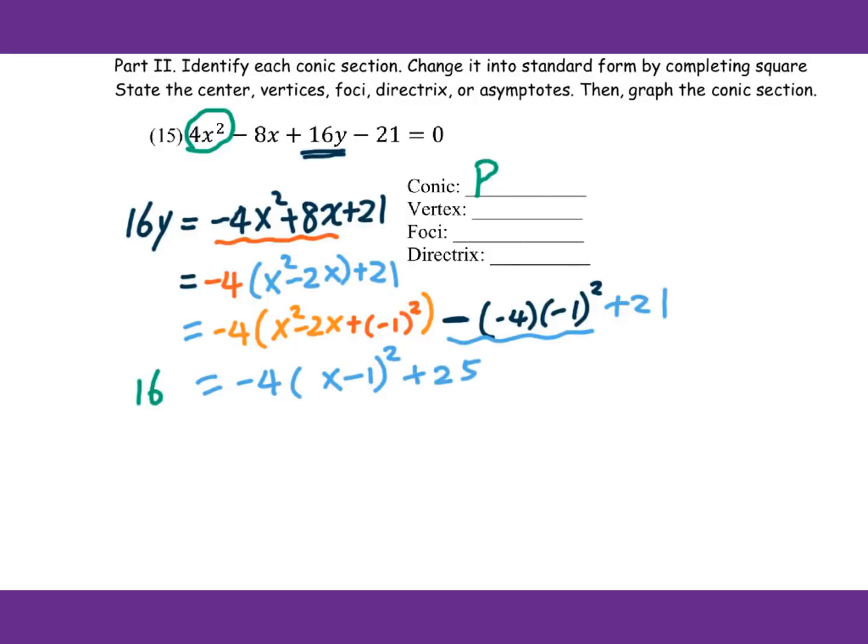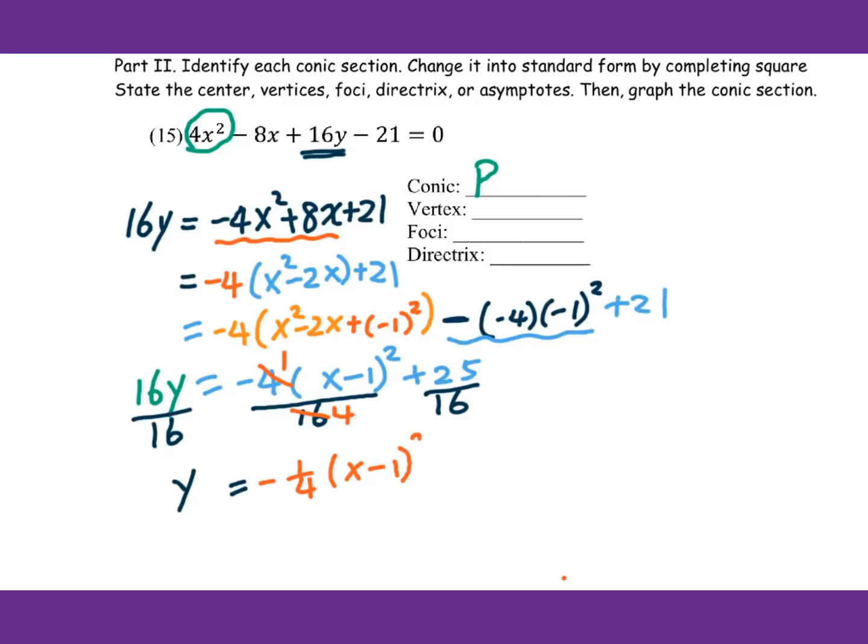Then we get 16y equals this. We're looking for y equals, therefore we divide by 16. You will get the y equals, reduce, we got 1, here's 4, so negative 1 over 4, x minus 1 squared plus 25 over 16. Therefore, for vertex, it will be (1, 25 over 16).